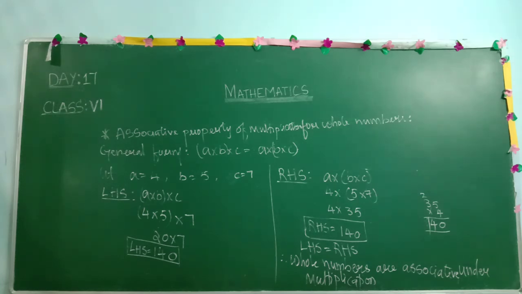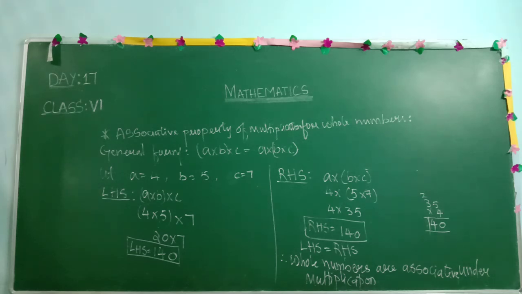Observing closely, there are 3 terms on the LHS side as well as on the RHS side. Irrespective of their order, even though we have changed the order: on the LHS, first we solved a and b, then we solved with c.